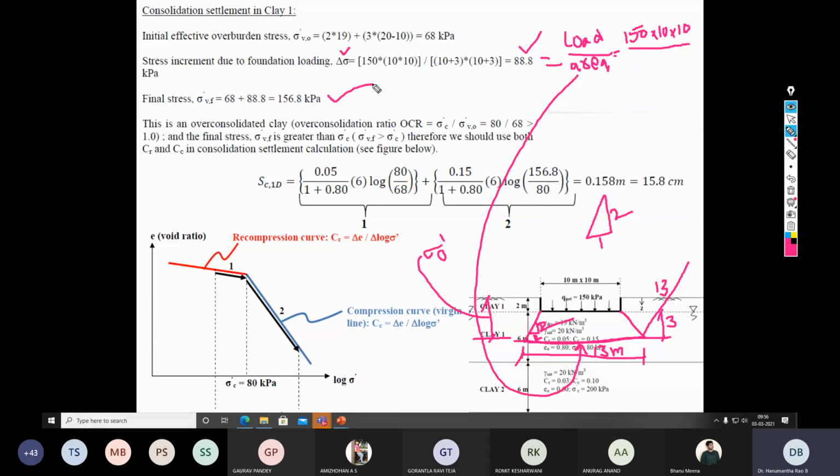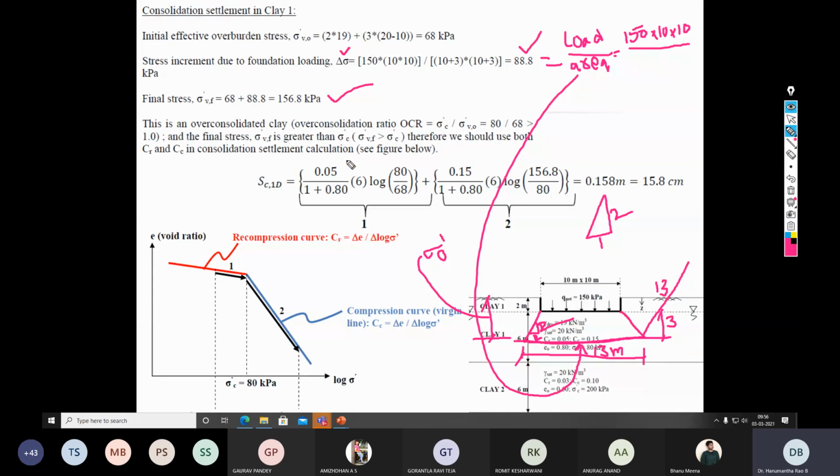But we need that sigma c, what is the value? Now everything is known. So the over consolidation, the sigma c value. How do you get the sigma c value?